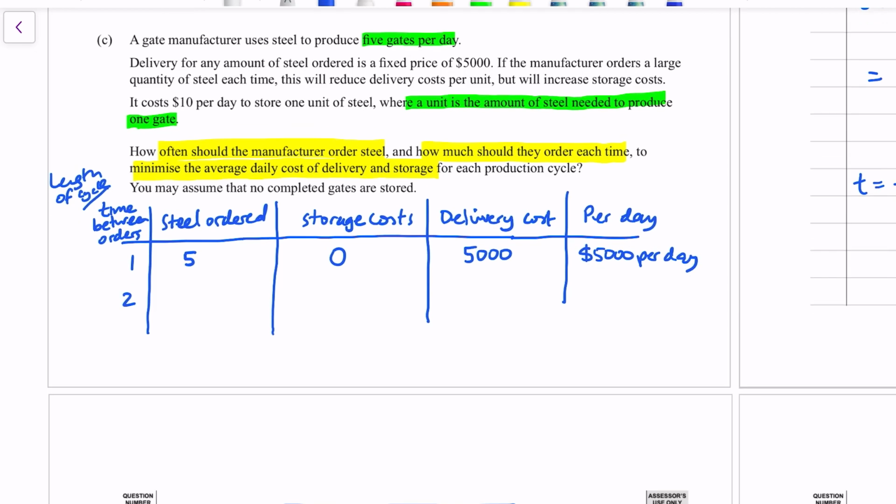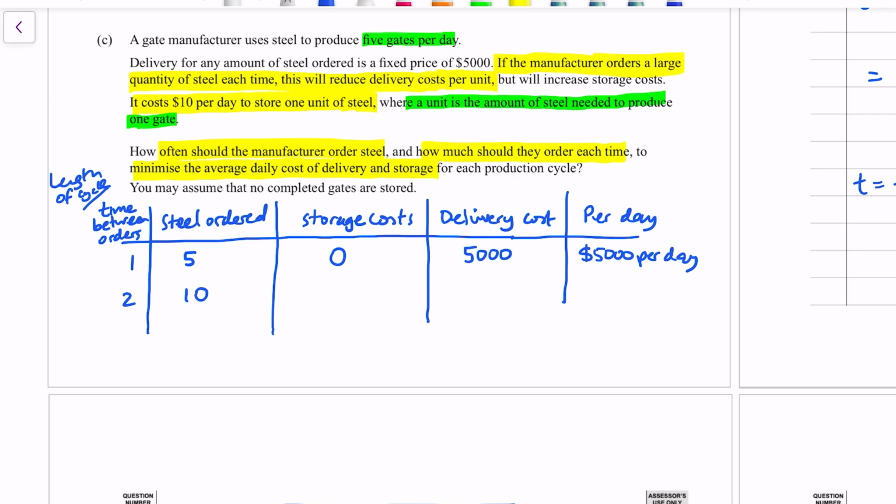Then what happens if they order every second day? Well, they're going to order 10 lots of steel. This is where it gets a bit complicated. Storage costs. If the manufacturer orders a large quantity of steel every time, this will reduce delivery costs per unit, but it's going to increase storage costs, and it costs $10 per day to store 1 unit of steel.